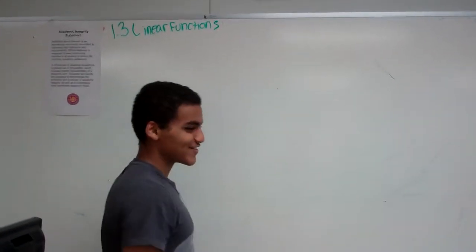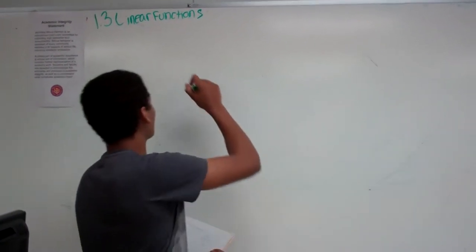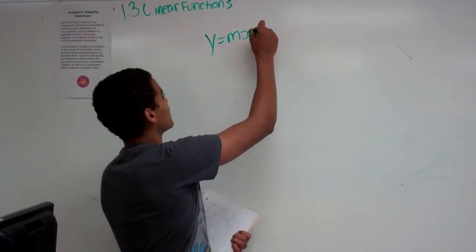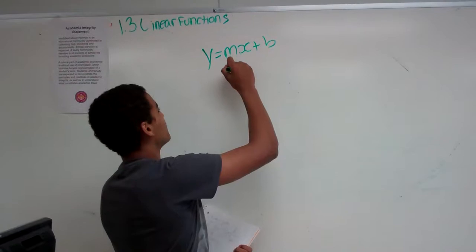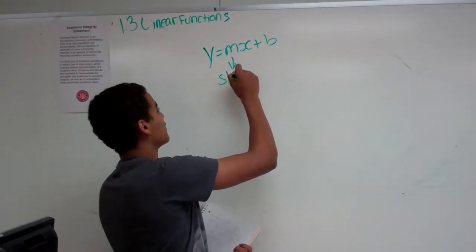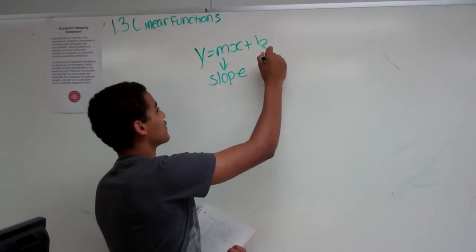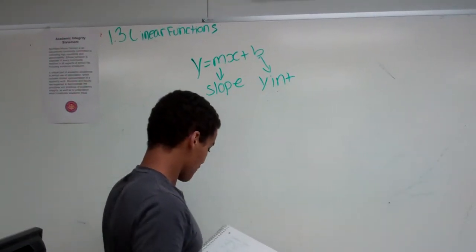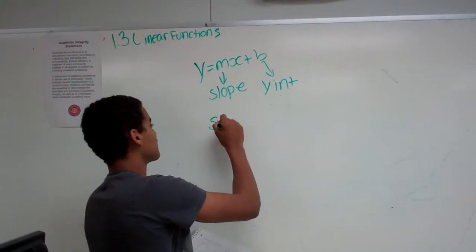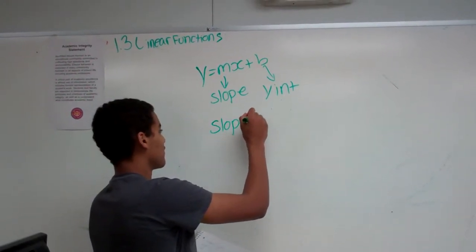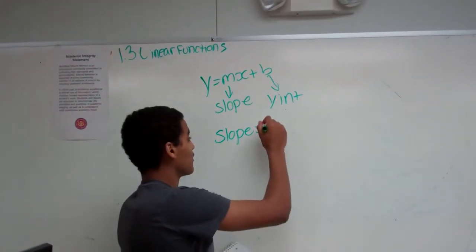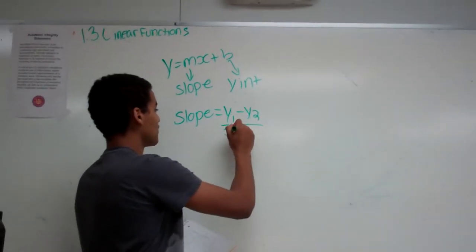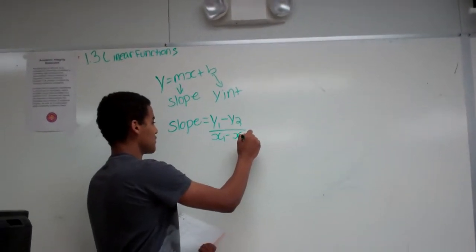So the first section we have is linear functions, and this is the basic equation for a line, which is y equals mx plus b, where m is the slope and b is the y-intercept, and slope is defined by y1 minus y2 over x1 minus x2.